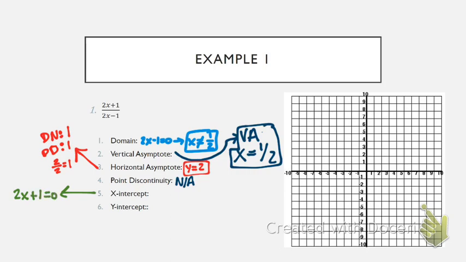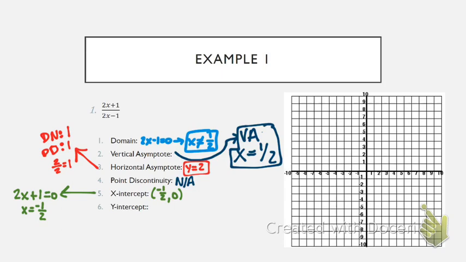The numerator is the top of the fraction. So we set the numerator equal to 0, so x equals negative 1/2. My x-intercept is negative 1/2, 0. So for the x-intercept, we set the numerator equal to 0 and solve for x.